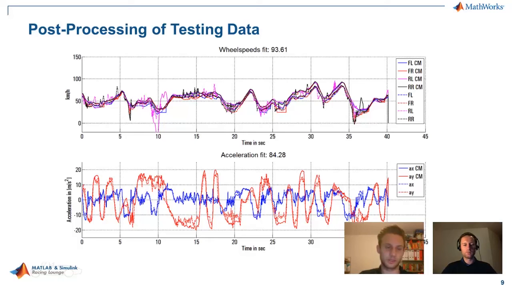Like you can see here at second 10 of the wheel speeds, there are some spikes. These are caused because the real car is maybe at its very limits, and because the car model doesn't fit 100%, it might be that the car model will slip away.